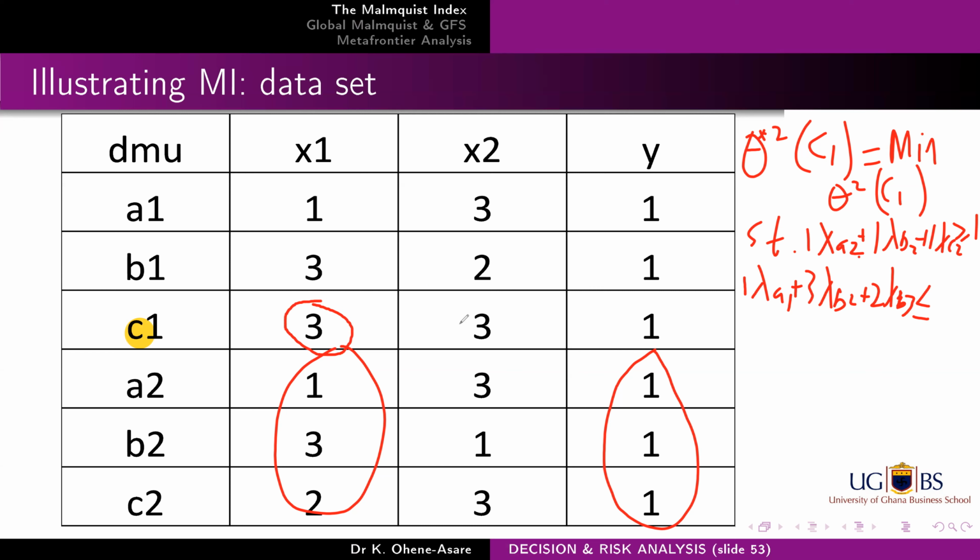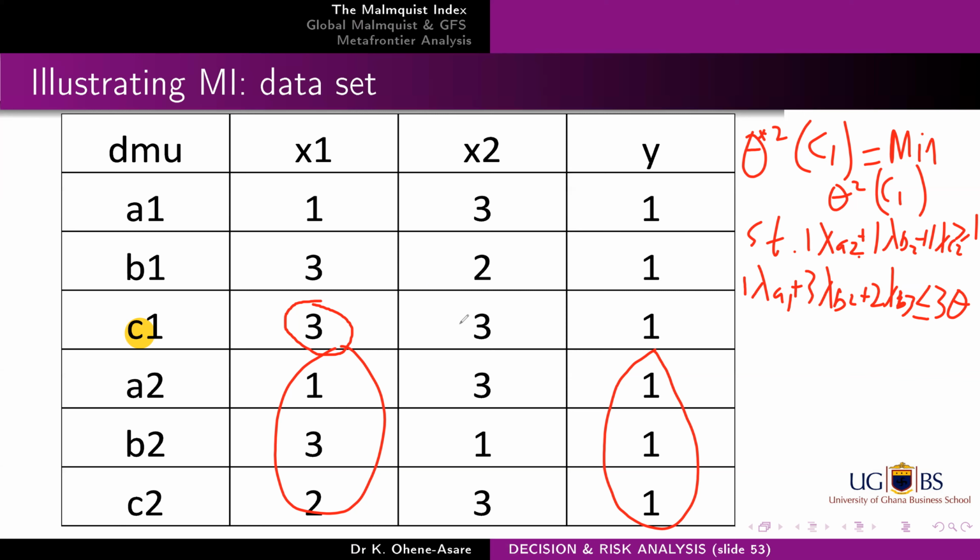Remember, you are dealing with that one. So it becomes 3 theta. Everything on the right-hand side is the target observation, and everything on the left-hand side is the frontier, which you're using for the second year.